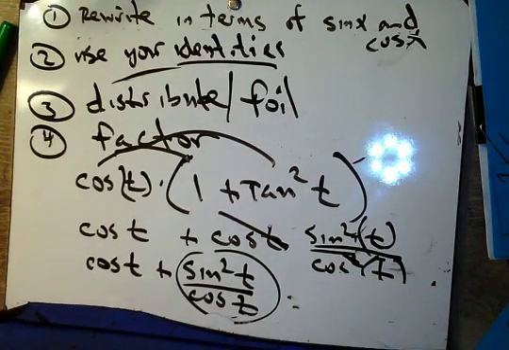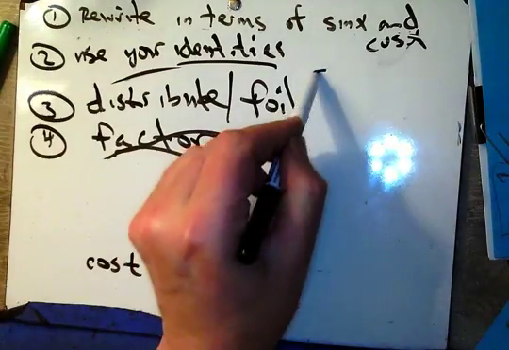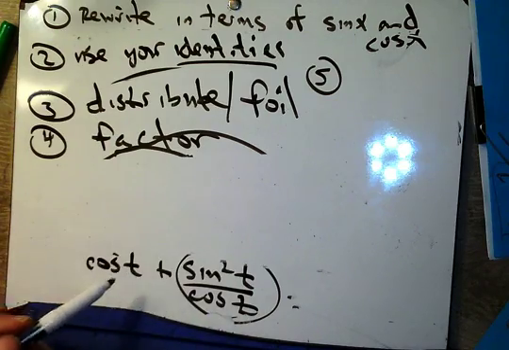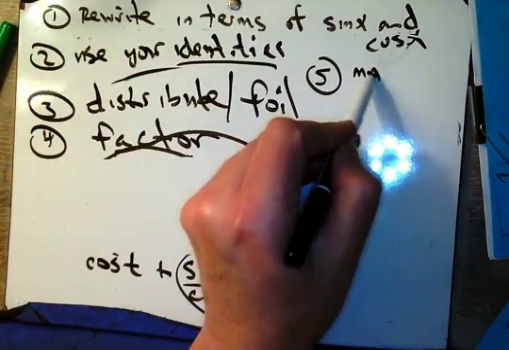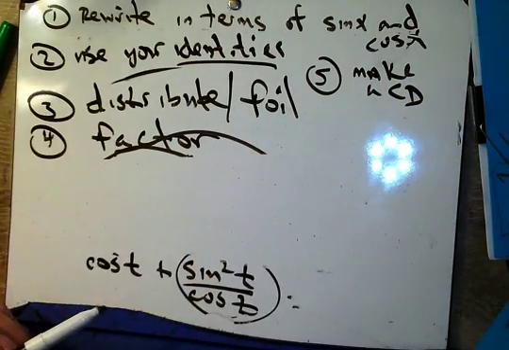But what I can say here is, no, we're not stuck. We just need another strategy. Strategy 5. Look, I've got two things, and one thing is more simplified than two things. So how about we make a common denominator?